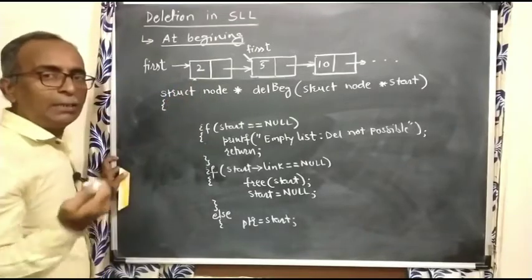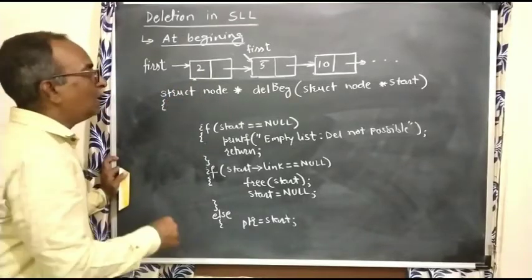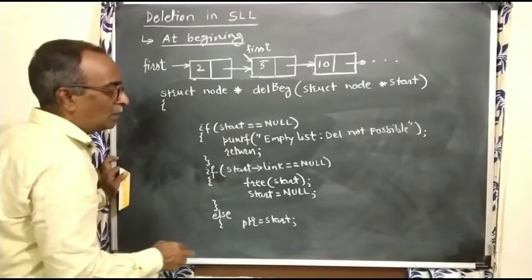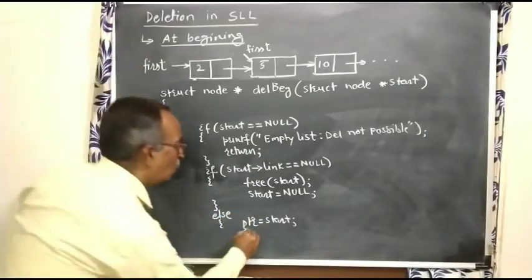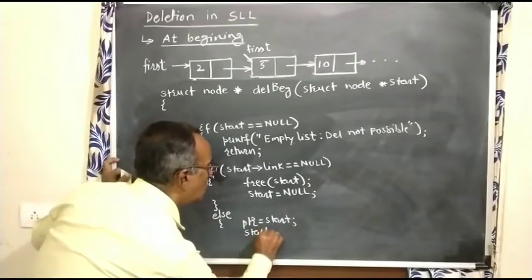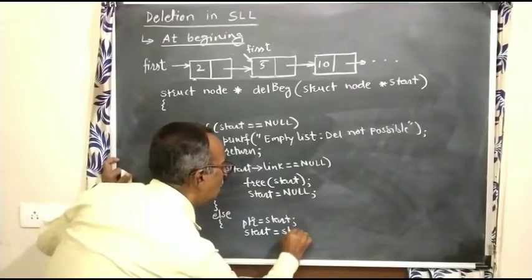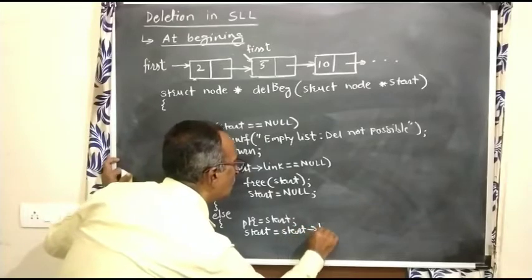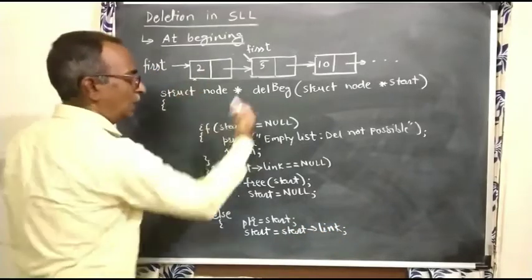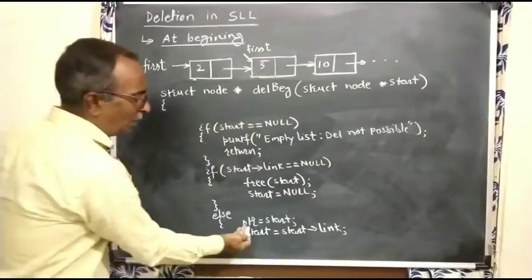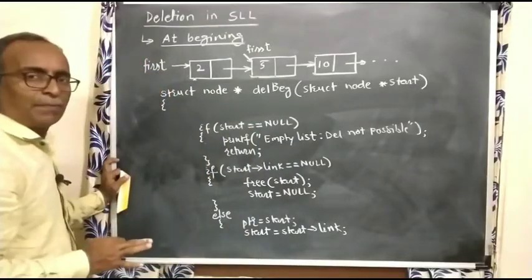Because we need to free that. Then this start is moved. Start is given start's link. You have moved this. Now start is pointing to the next node. That's it. Start has been set here.